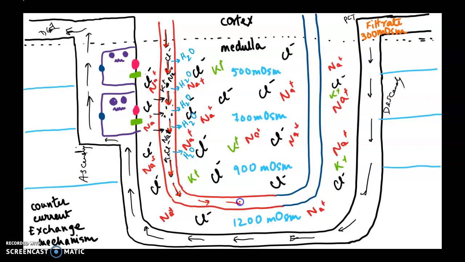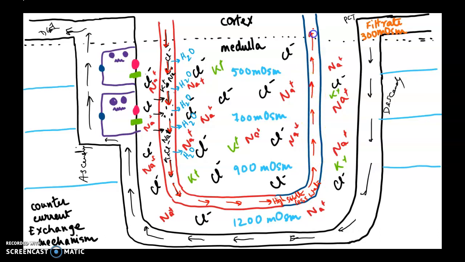Now, as this blood picks up more solute and gets rid of water, what is happening to the solute concentration in the vasa recta? It's getting high, right? So at the bottom, it has high solute. A lot of solute and less water. Agreed? And then this will move up.